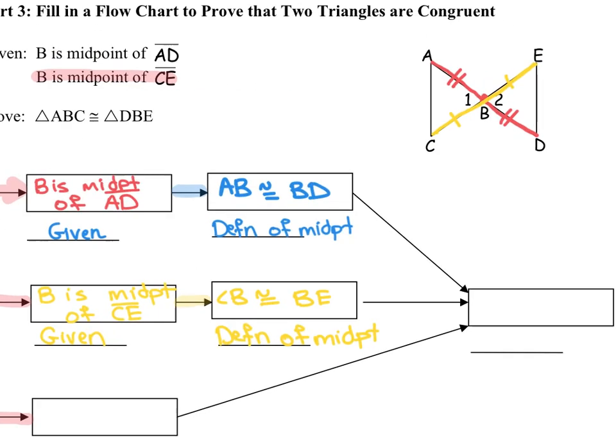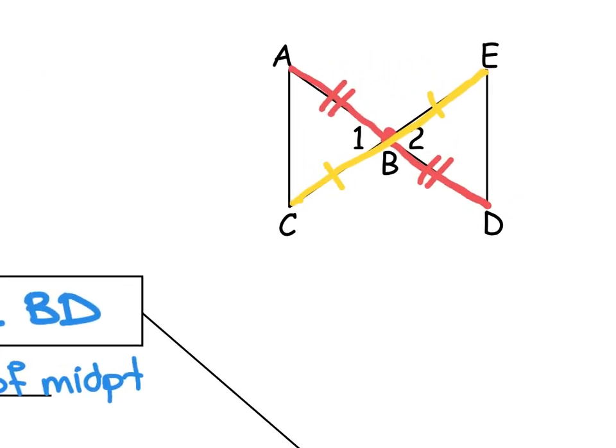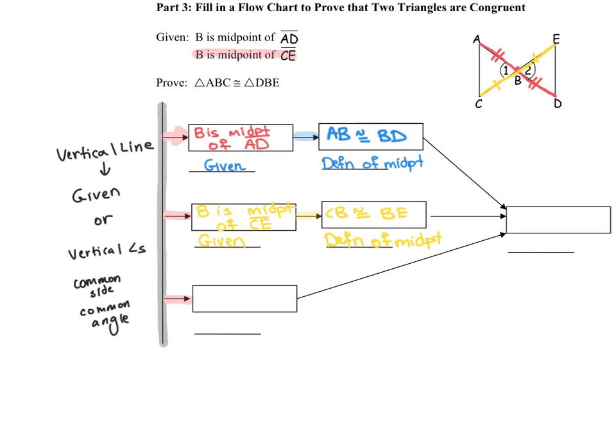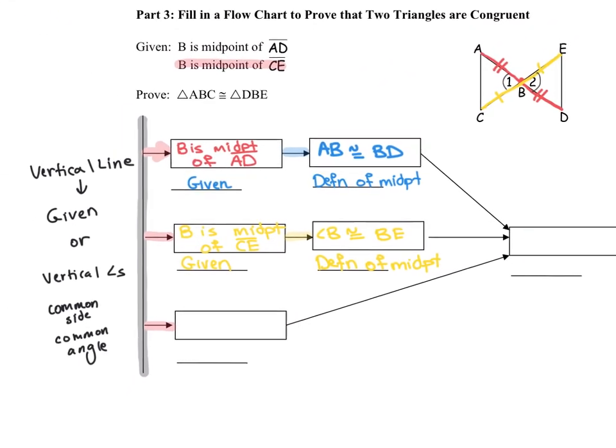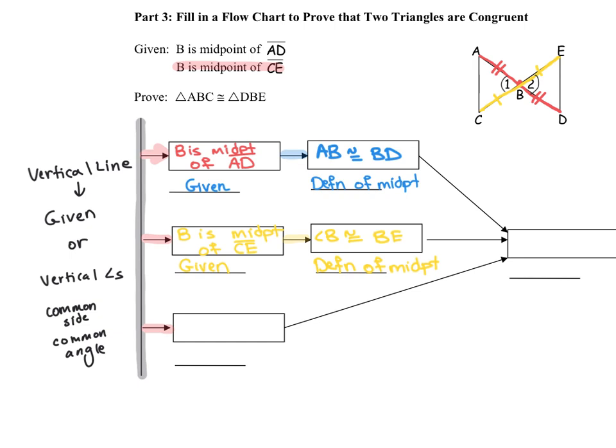Now, if you look closer, I can see an X. So angle 1 is equal to angle 2 because of the vertical angle theorem. Vertically opposite angles are congruent. So in the third box, I'm going to say that angle 1 is congruent to angle 2 because of the vertical angle theorem, VAT.